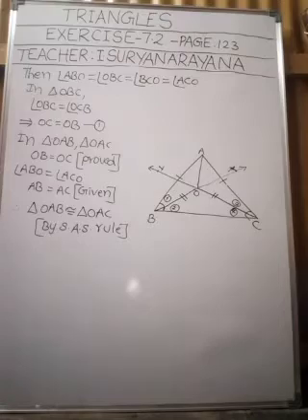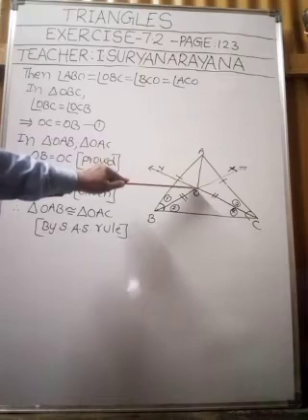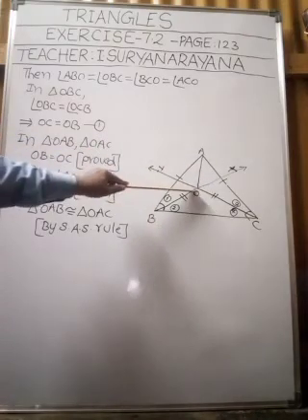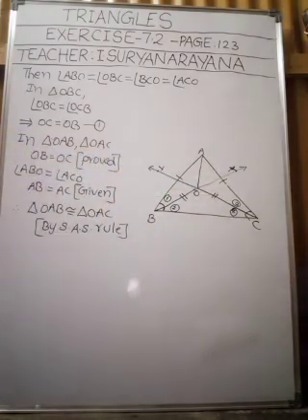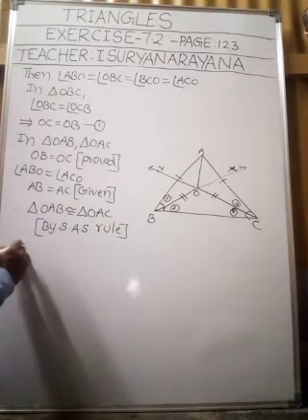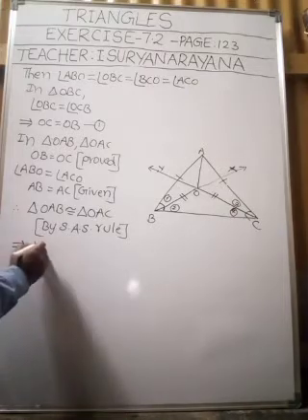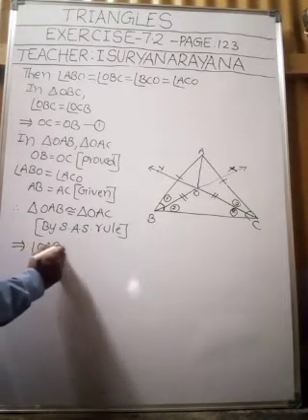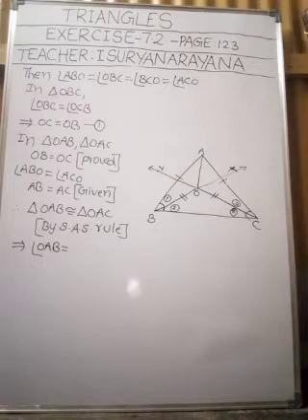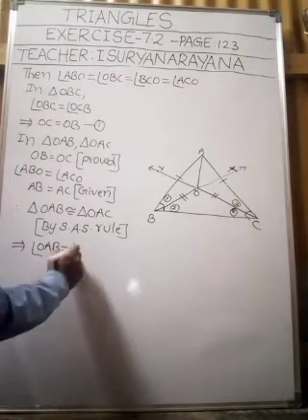Okay, my children. Then automatically, what is the third angle? Angle OAB equal to angle OAC. Isn't it or not, my children? This implies angle OAB is equal to angle OAC.